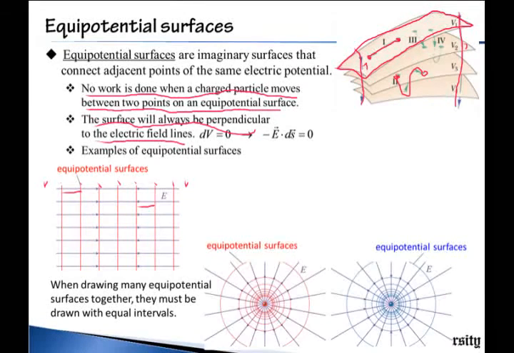Okay, and then how about the case of a positive point charge? Here it looks like a spider's web, but anyway, the two rules that we have discussed are exactly followed.